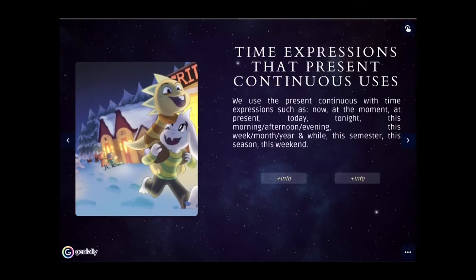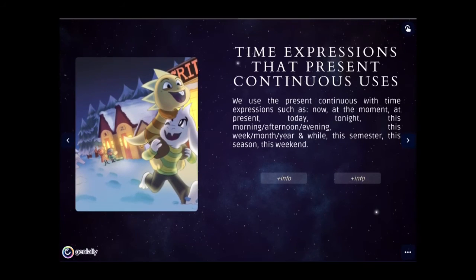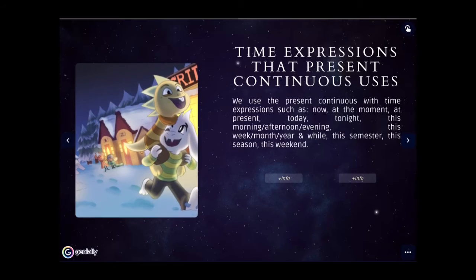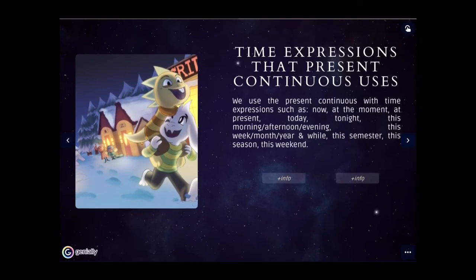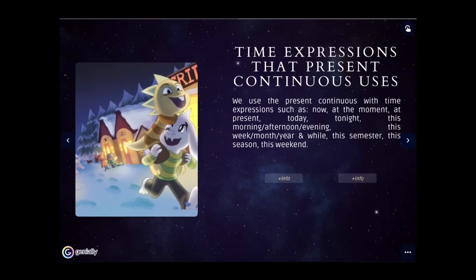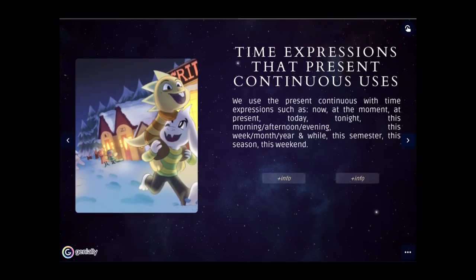The time expressions that we use in the present continuous are like tonight, in the morning, at evening, this month. We can also use while, this weekend.